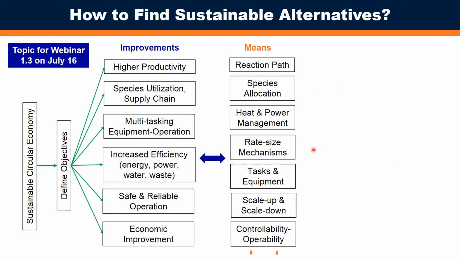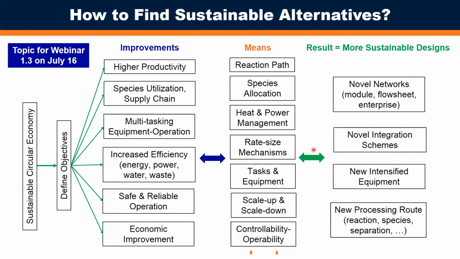You may have different types of units where you have benefits to the rate as a function of size. So certain systems lend themselves to downscaling and intensifying, and others you benefit from numbering up rather than just increasing size. And so those are things that need to be looked at. Same goes into the scale up and scale down. We need to think about those in terms of reliability and controls as well.